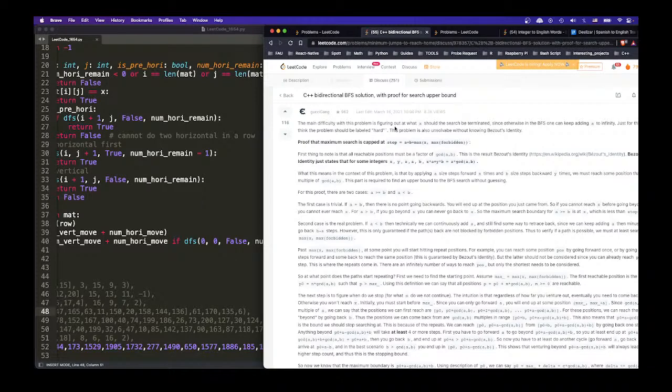Bezout's identity. What's Bezout's identity? Yes, that's basically my point, right? We don't know when to stop. Because if we know that it can reach an end, we just BFS it. It's very simple. But what if we can't?